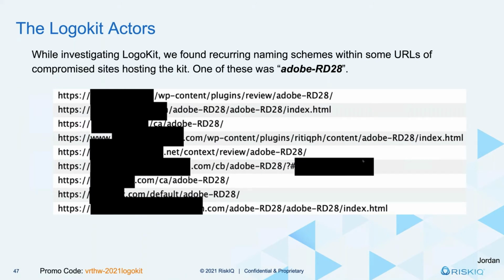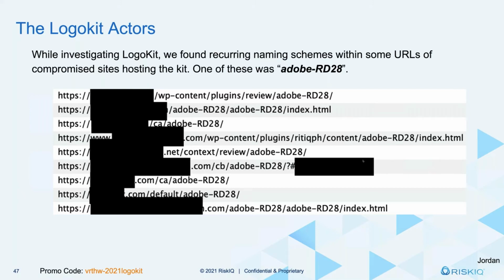While we were looking at the actual phishing kit, Adam noticed recurring naming schemes in some URLs of compromised sites where the kit was being hosted. These are all blacked out because they're victim domains, but they're hosting particular versions of LogoKit. Adobe RD28, I think you were telling me that refers to the type of fish it is. So this will be an Adobe login page.